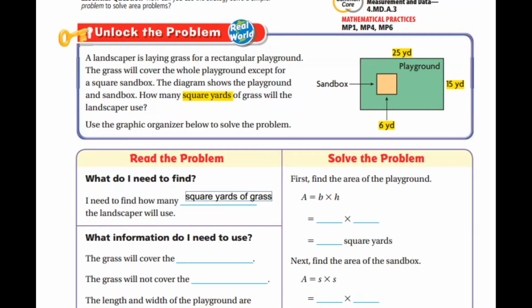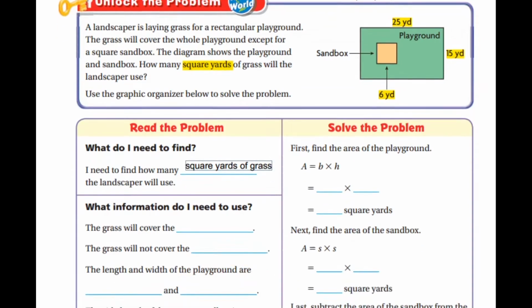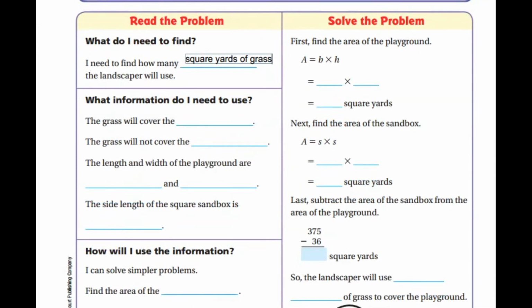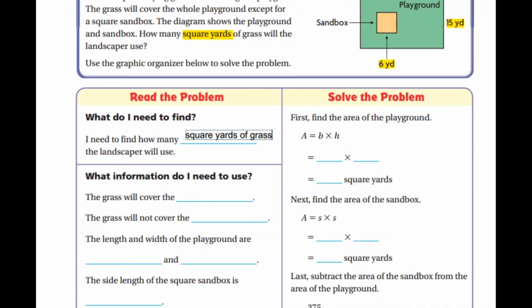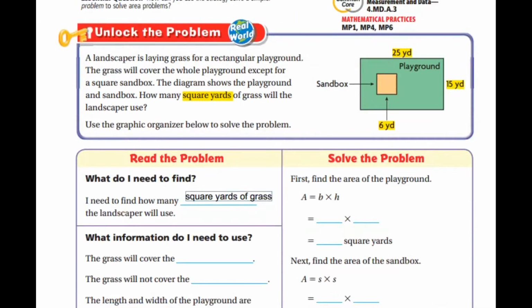So the next question, what information do I need to use? Okay, so the grass will cover the whole rectangular shaped playground. The grass will not cover the square sandbox.